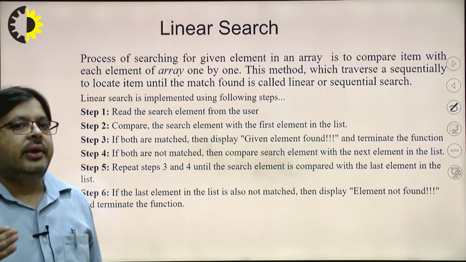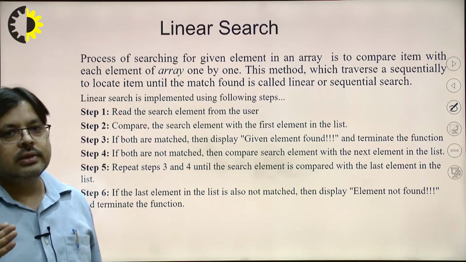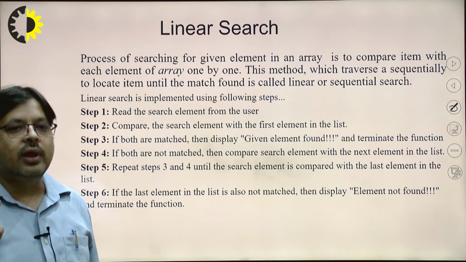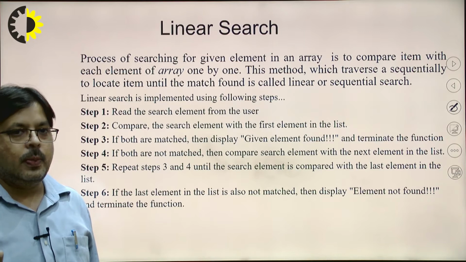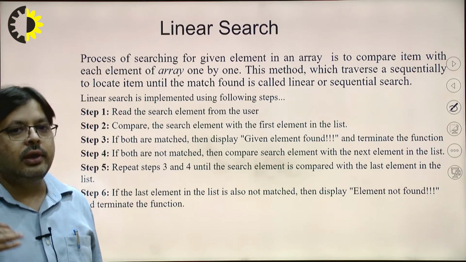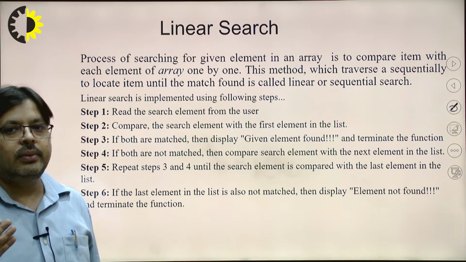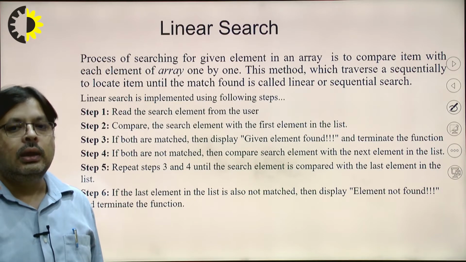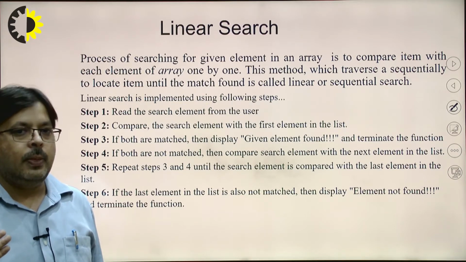If both elements match, you say the element is found and terminate the search procedure. If both elements do not match, then continue searching the further elements, up to the last element of the array.